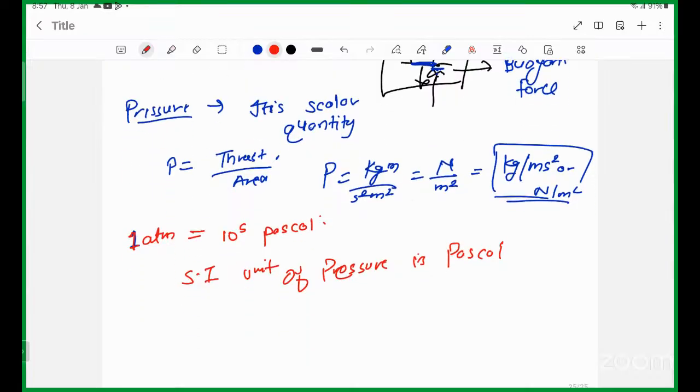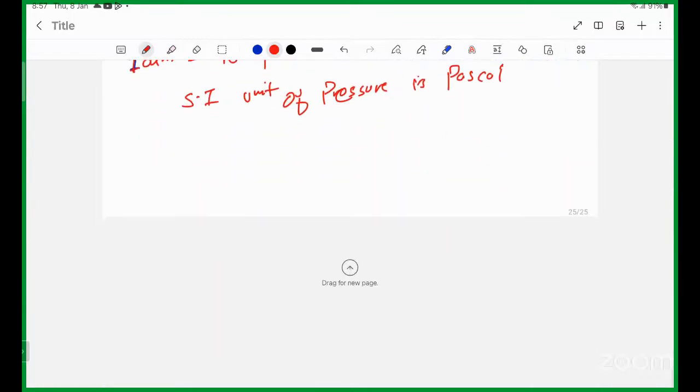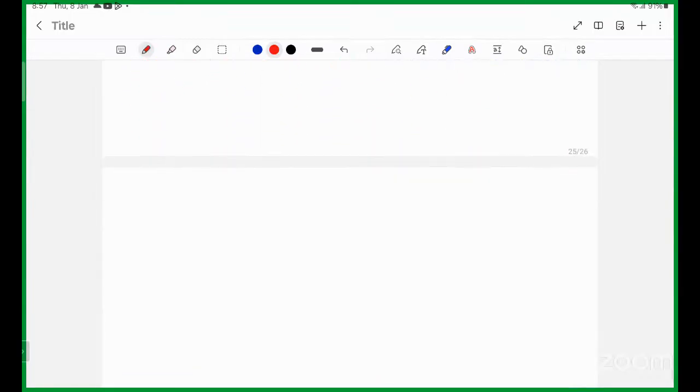In this case, we will discuss some pressure phenomena, by which we come to know the Archimedes principle.